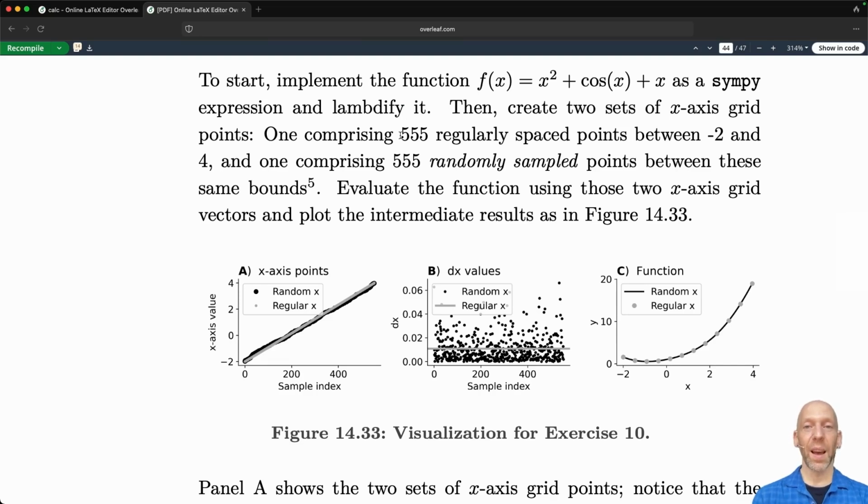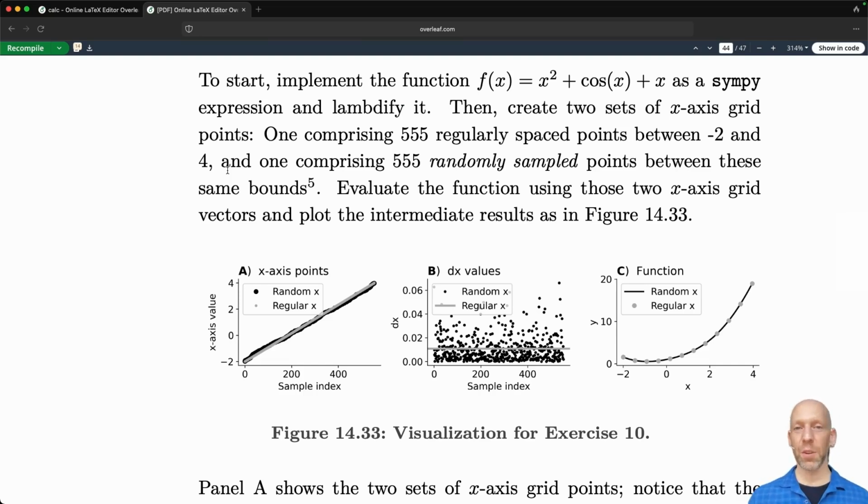Okay, so then you want to create 2 sets of x-axis grid points. One is regularly spaced numbers between -2 and +4. That's exactly like how we always do in this book. But then you create a second set of x-axis grid points where you have 555 randomly sampled points between the same 2 bounds. So between -2 and +4, you create a random subset of points.